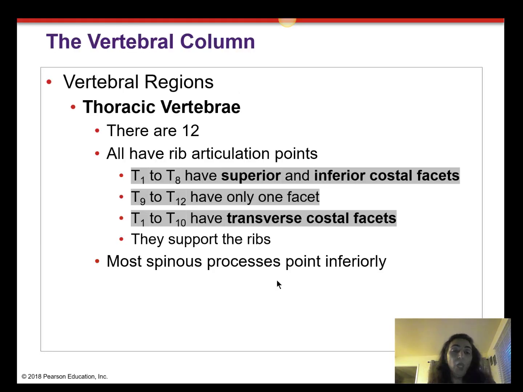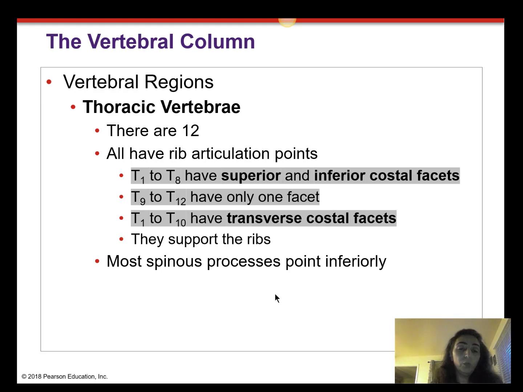So thoracic vertebrae, there are 12, and all of them have rib articulation points. Articulation means joint, right? So it means that each thoracic vertebra is connecting to one rib on each side. Therefore, a pair of ribs is attaching to each thoracic vertebra.